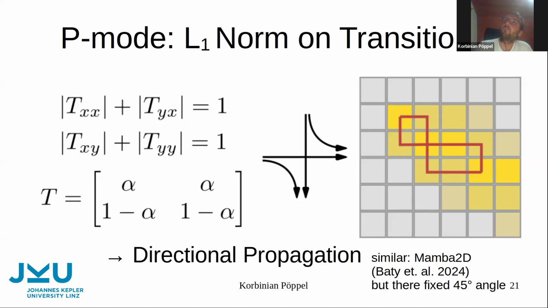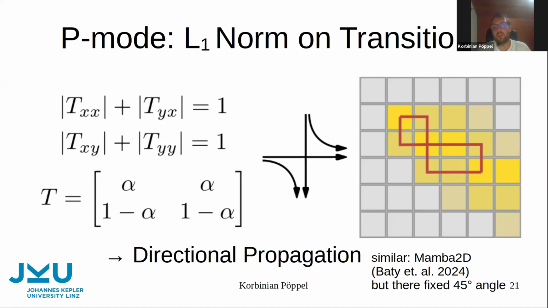So maybe there might be something in between there. I'm not 100% sure, but it could be. Both of these modes equally well work in 3D or 4D or even more.